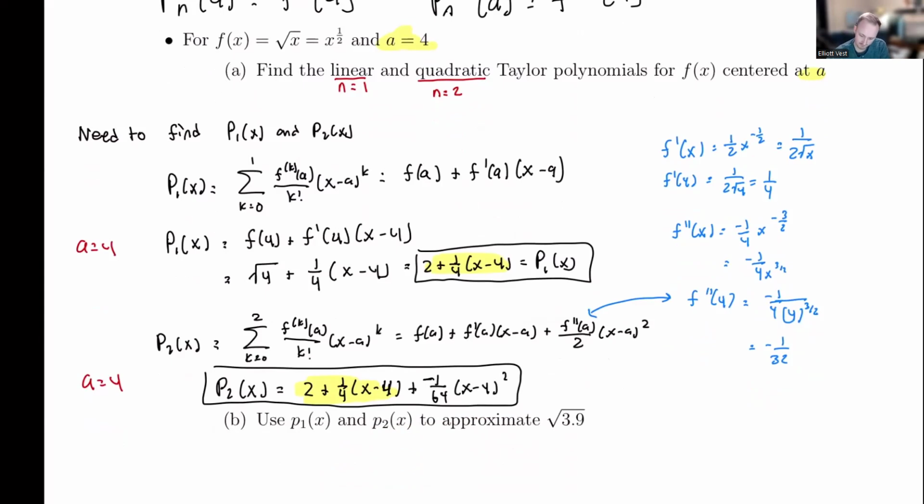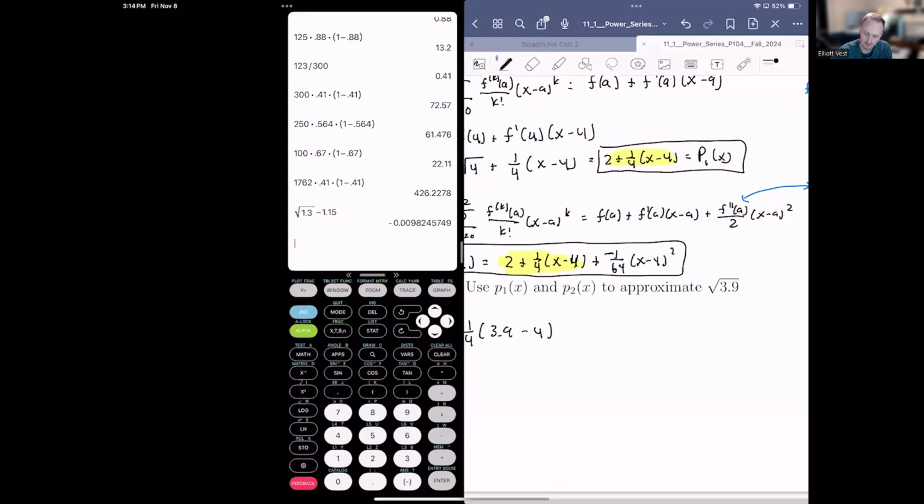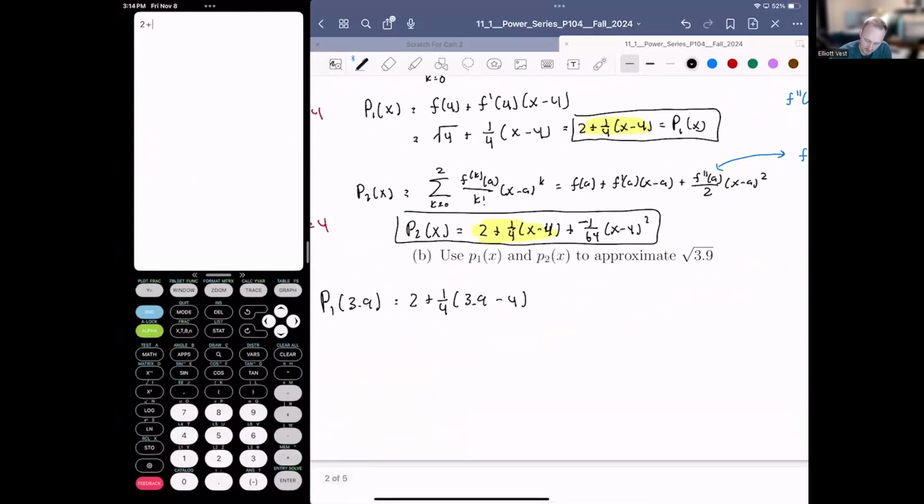So let's see. P1 of 3.9 is plugging that into the function. 2 plus 1/4 times 3.9 minus 4 here, right? And at this stage, probably best to get a calculator here. 2 plus 1/4 times 3.9 minus 4.